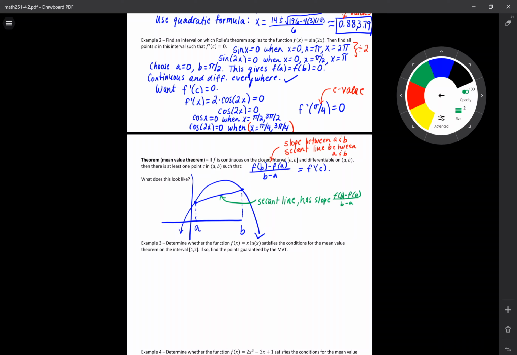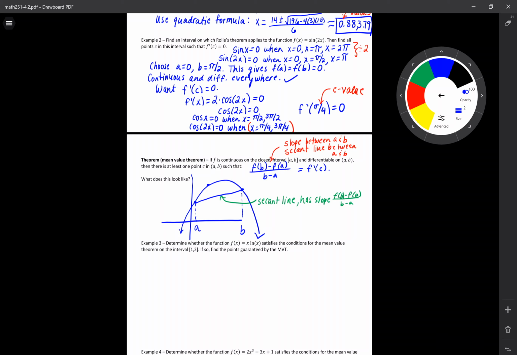And what the mean value theorem says is that I can find a value c in between a and b such that the slope of f at c is the same as the slope of the secant line. So basically I'm trying to find a parallel line such that the tangent line at c has the same slope as this secant line between a and b. So it looks like it's about here.